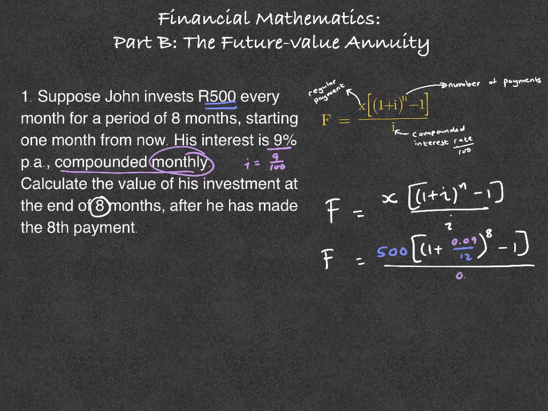And then we've got 0.09 over 12 again. Because this is sometimes confused in the beginning. Remember, the frequency of the interest rate must be the same as the frequency of the payments being made. So it's that 0.09, monthly, so divided by 12. That's the interest rate per month. And then this is how many monthly payments there are.